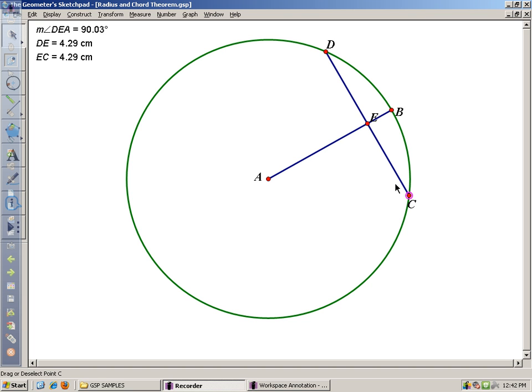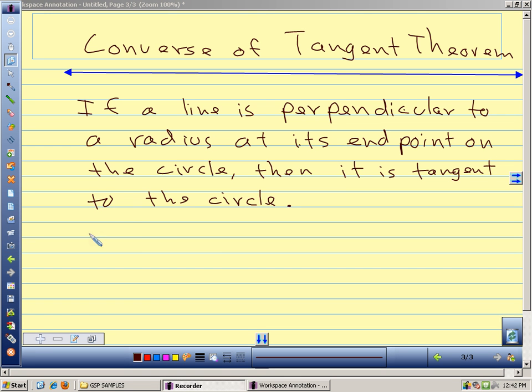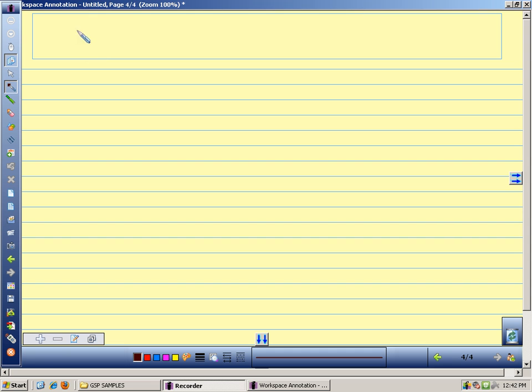So that's going to be our theorem. This is our radius and chord theorem. So let's go back to our notes. And we have the radius and chord theorem now.